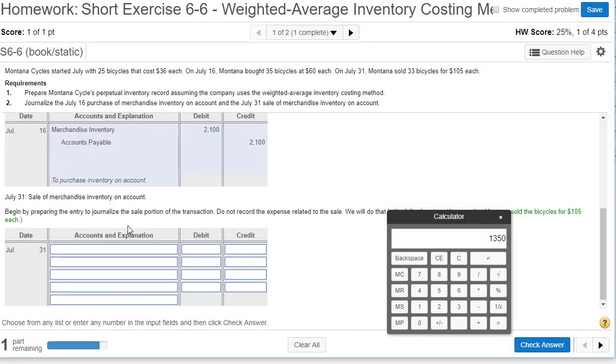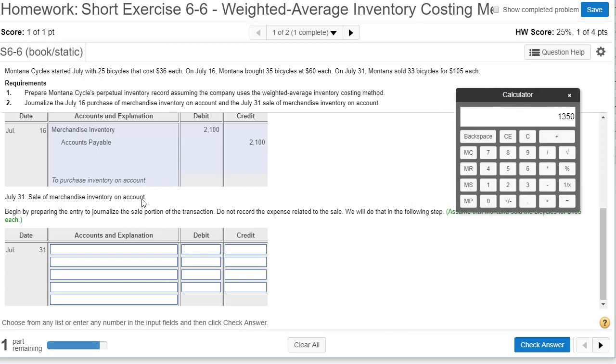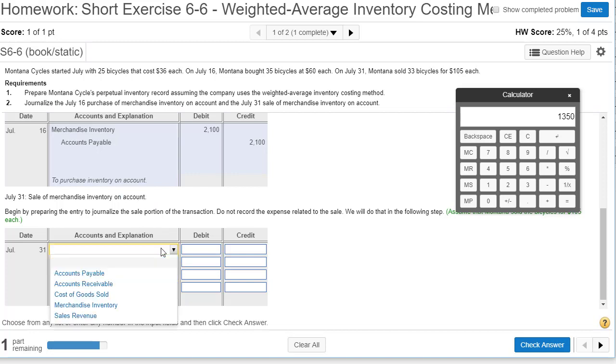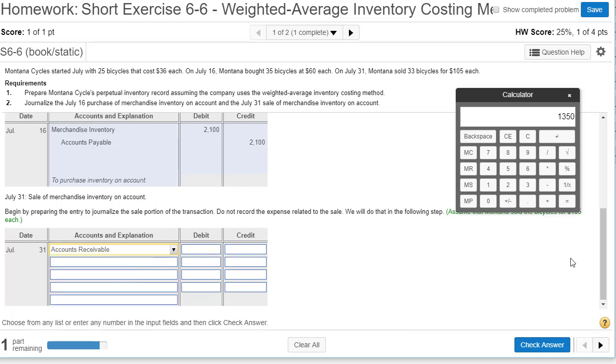Now we're going to do the sale. July 31st, journalize the sale of merchandise inventory on account. Do not record the expense yet. Do that in the next transaction. So since we're selling it on account, we have to calculate AR. So we are receiving accounts receivable. And how much did we sell it for?